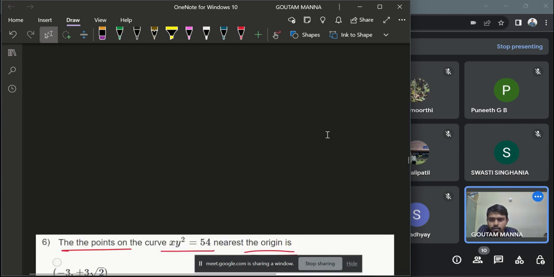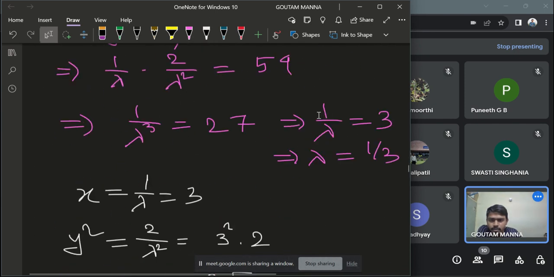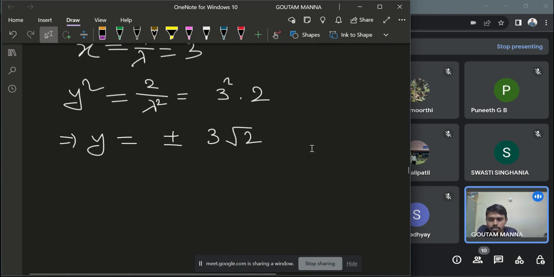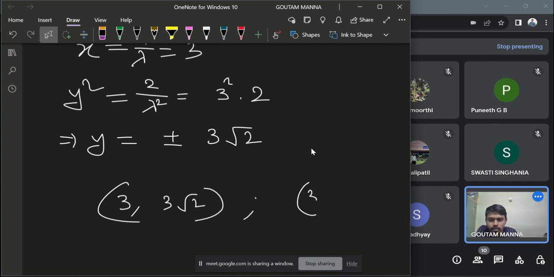Okay, so the points will be x equals 3 and y equals plus minus 3 root 2. 3 comma 3 root 2, this will be one point and another point will be 3 comma minus 3 root 2.